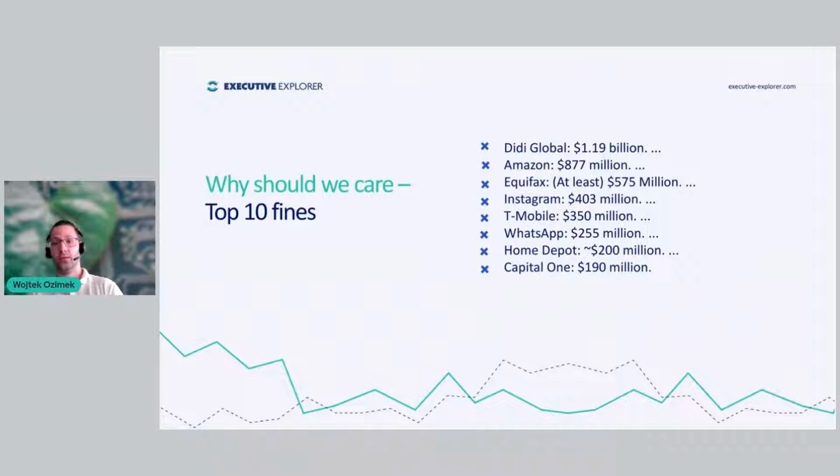We are not going to deep dive into those, but here are the top 10 fines that were charged to companies. You can see pretty famous names, right? Obviously, Amazon, T-Mobile, WhatsApp. We know all these brands, right? Some of them, by the way, I wasn't aware of when I was digging for the data for the webinar. But yes, we all know some of the brands from that list, right?